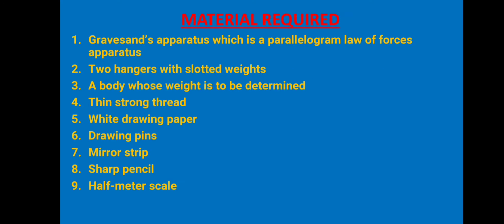The materials required or apparatus required are the Gravesand's apparatus, which is a parallelogram law of forces apparatus, 2 hangers with slotted weights, number 3, a body whose weight is to be determined, number 4, thin strong thread, as small mass as possible.